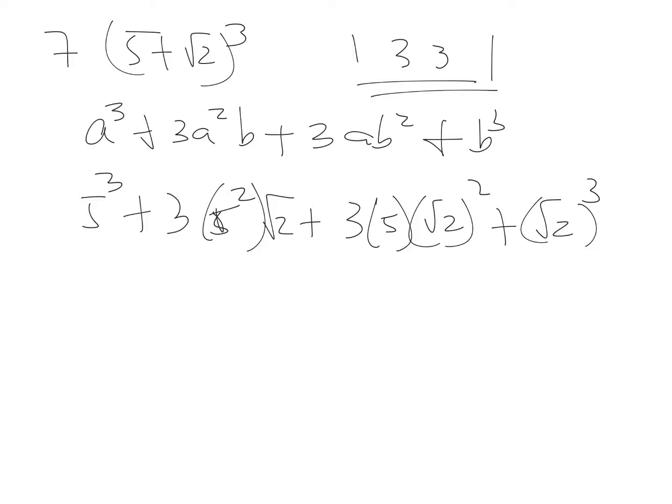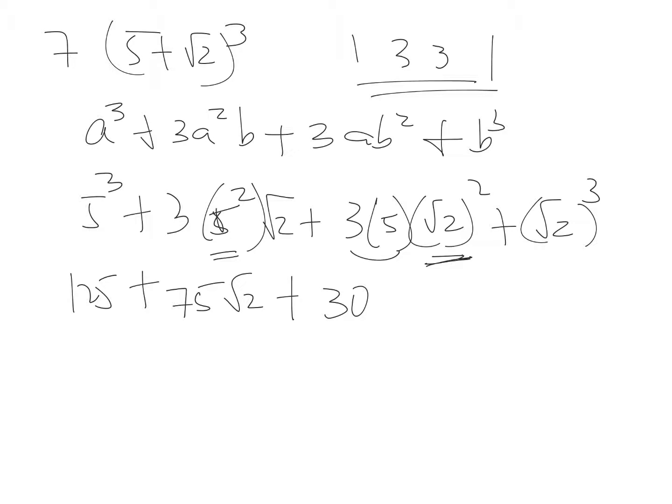Okay, so that becomes 5 by 5 by 5, 125, plus 5 squared is 25, times 3 is 75 times the square root of 2, plus 3 by 5 is 15, but root 2 squared is 2. So 15 by 2 is 30.